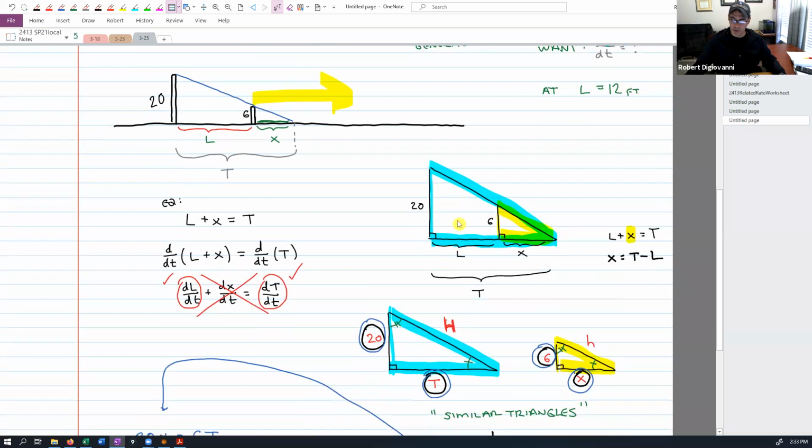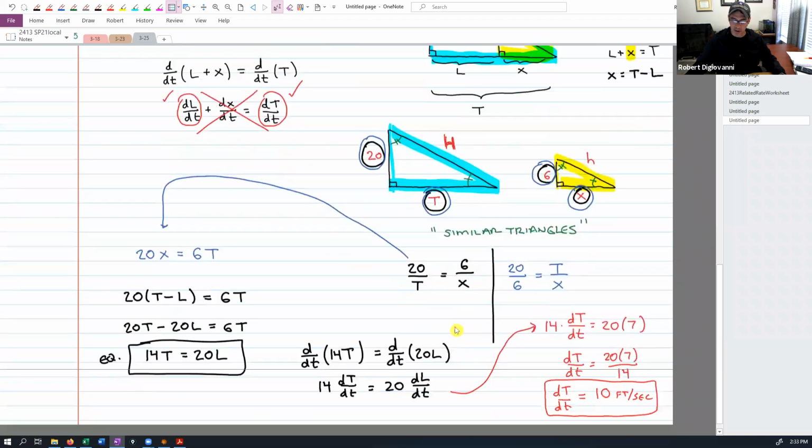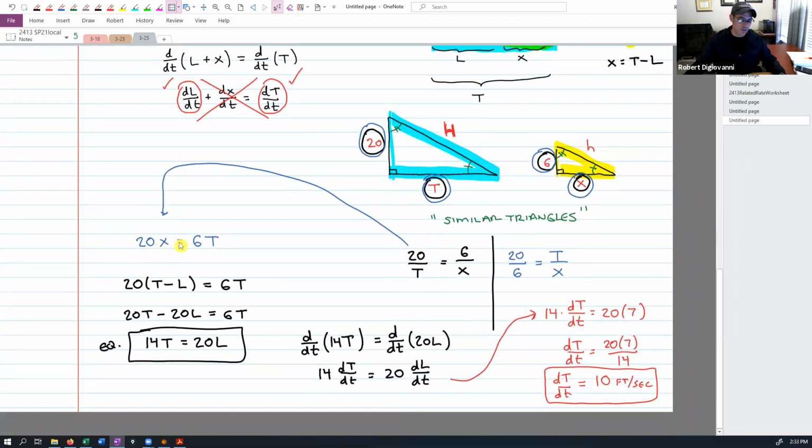We realized we had two triangles. We could split them up. We realized those are similar triangles, which means we could set up a ratio. Once we had the ratio, we had an equation. We replace X with what X was. Then we differentiate that with respect to T, and we plug things in and we get an answer.